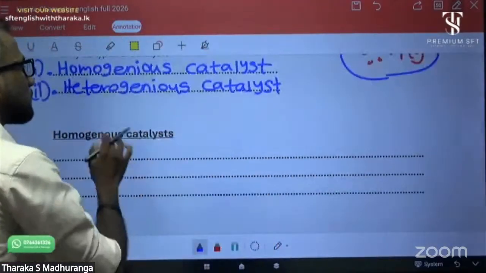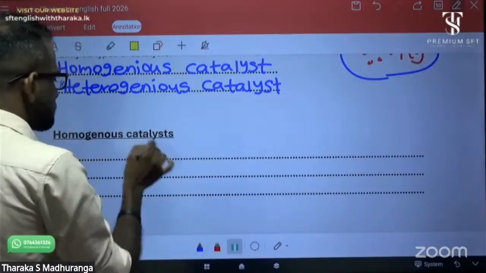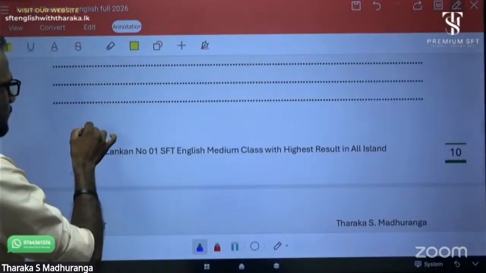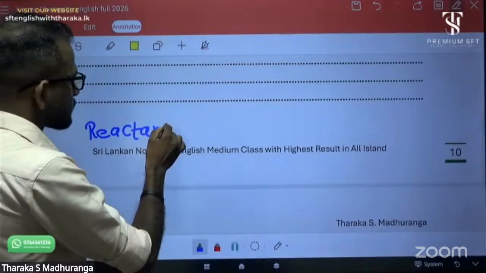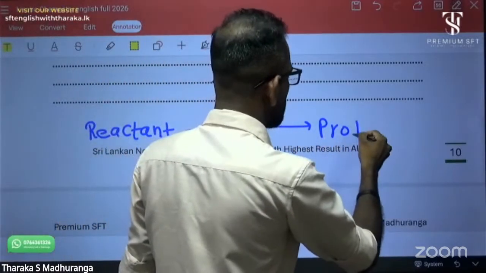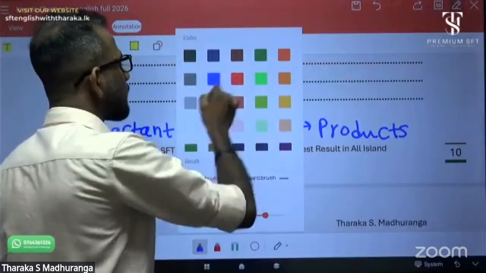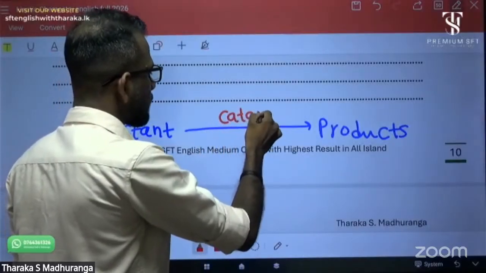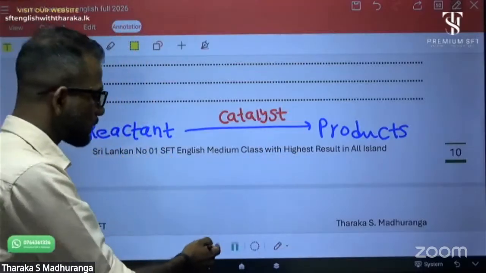Don't write this. Okay, think this is the reactant. Reactant converts into product. This is a chemical reaction, right? To increase the rate of chemical reaction, we can introduce a catalyst.